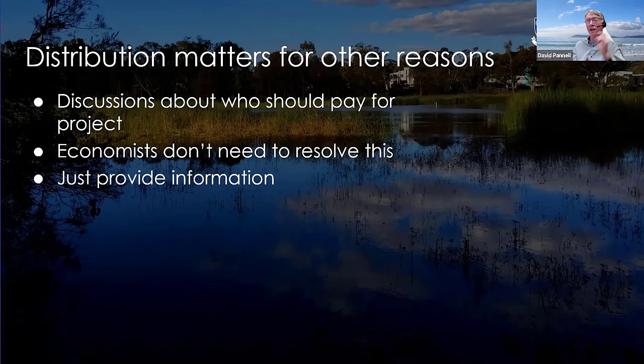It might matter to a decision maker or an agency or an organisation that's organising a project to know who the main beneficiaries of the project will be, so that they can attempt to extract some of the costs from that group in order to make it more likely that the project will proceed. So this is clearly not an issue that economists need to resolve. The resolution is just to provide the information about who the beneficiaries are.